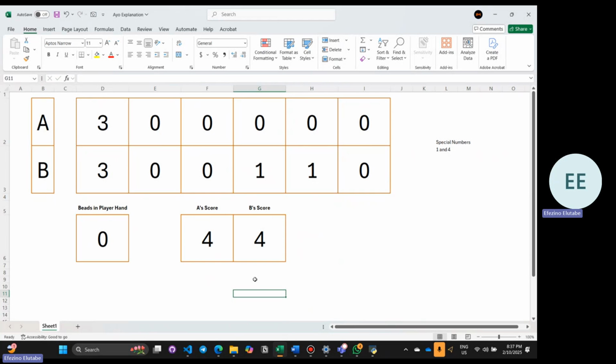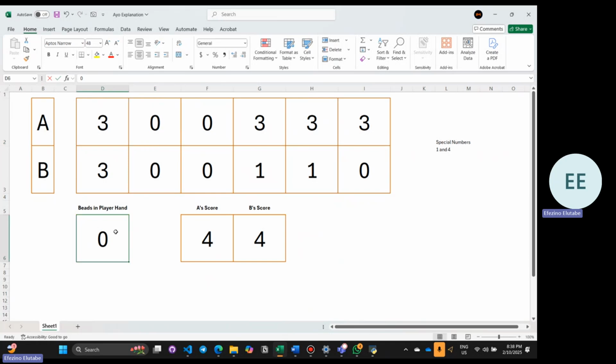One thing to note, however, is that you can only do this at the end of a player's turn. So if somebody is playing, and at some point there is a 4 on the board, let's assume this was 10, right? Let's assume this is 3, 3, 3. So player A wants to play from here.